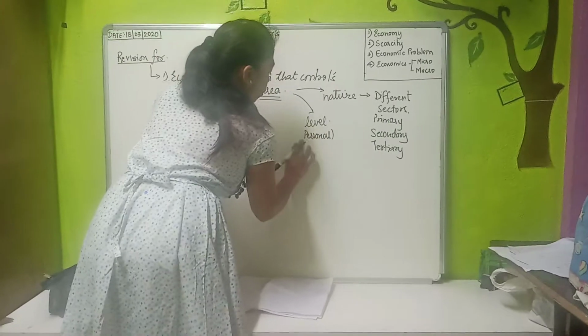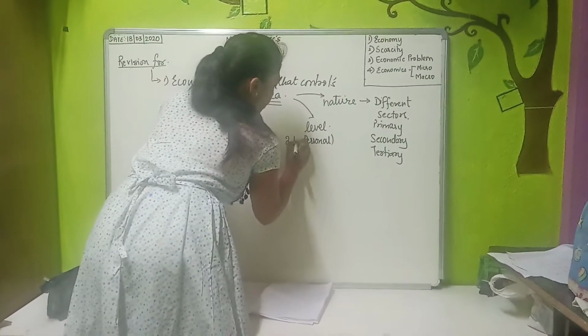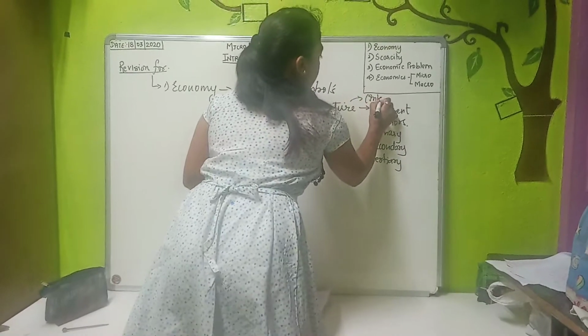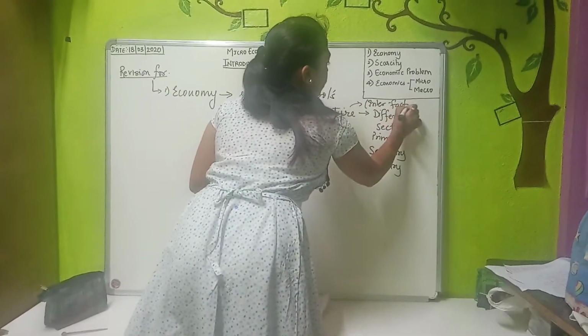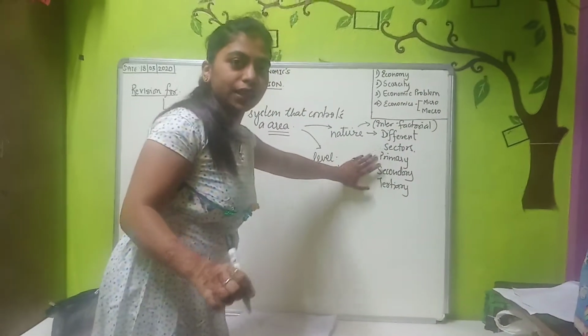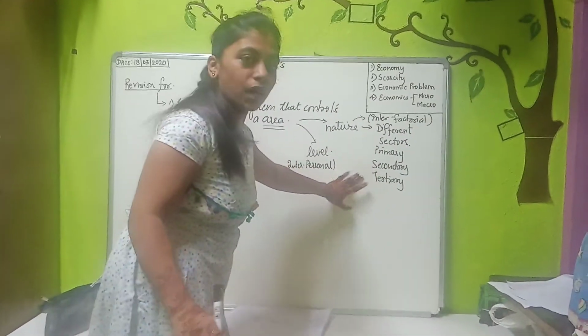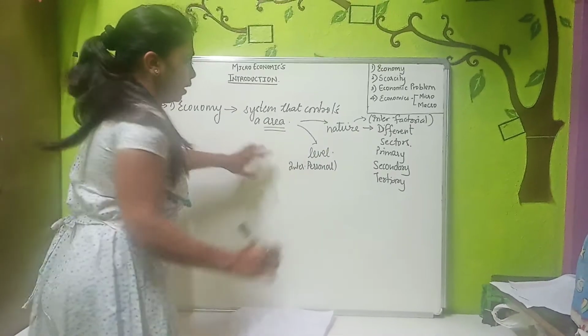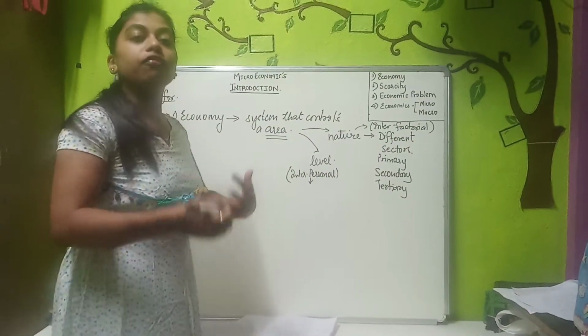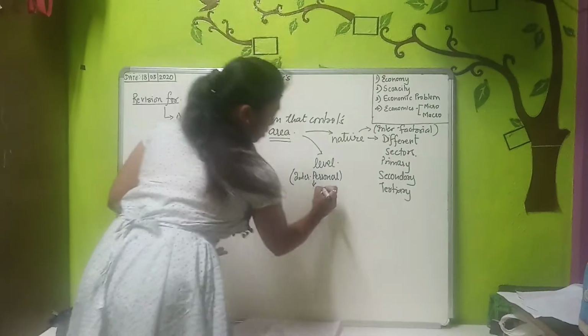It is also called interpersonal, and nature is also called interfactorial, depending upon the factors of the three sectors as primary, secondary and tertiary. Whereas level is interpersonal because we think about our own self. We belong to which class?